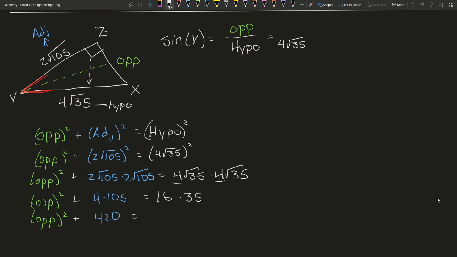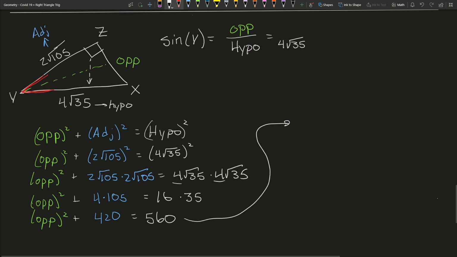So 4 times 105, that's 420. And then 16 times 35. It's 560. Okay, now we just need to solve for that opposite side. So I'm going to bring this up here.